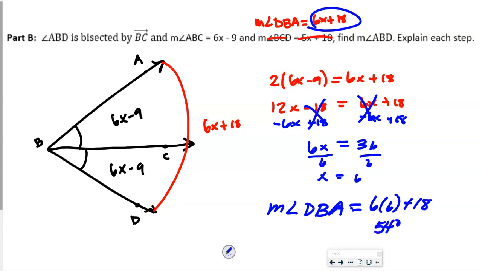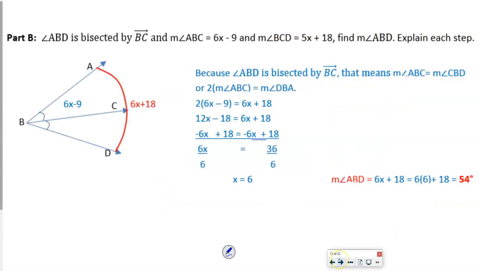Now the way you can check this is to plug it back in here too. So 6 times 6 is 36 minus 9 would be 27, which means this is 27, and if you add 27 plus 27, guess what you get? 54, okay? All right, and there it is, all worked out again.